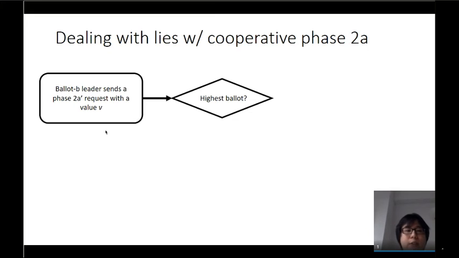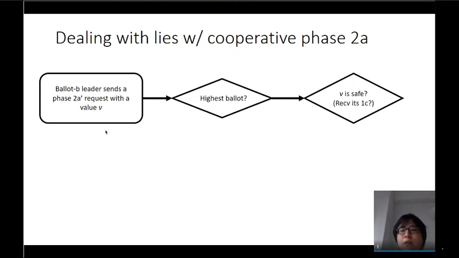On receiving that phase 2A prime, an acceptor will check if it's the highest ballot. If so, it will do another check to see if that value is safe. By safe, it means that I have received a phase 1C message for that value, because for now we assume that all phase 1C messages are genuine. There's no lie in phase 1C.